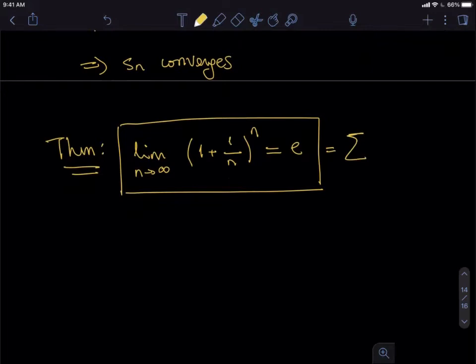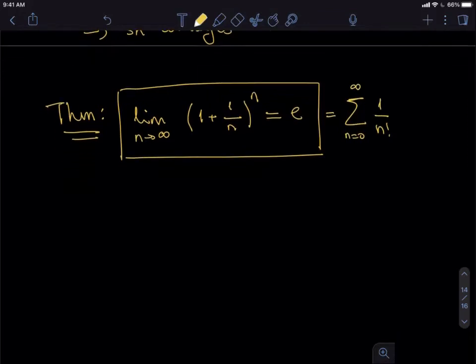okay, as the sum of 1 over n factorial, n equals 0 to infinity, this is something that now we need to prove. Okay, we cannot define it in two different ways. Well, actually we can, but if we do, we need to show the two things are equivalent. They define the same object.